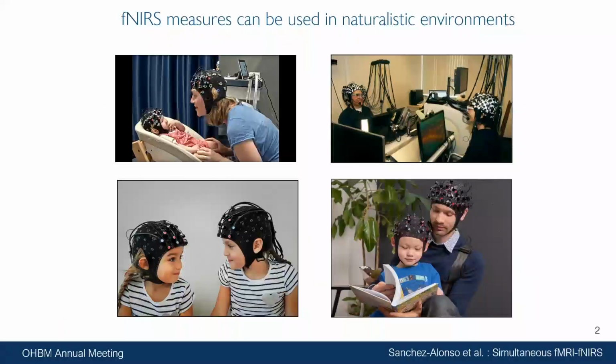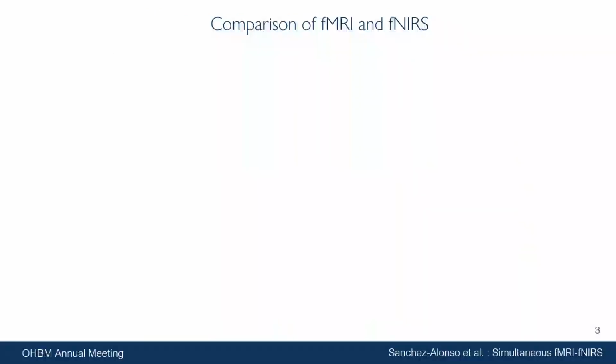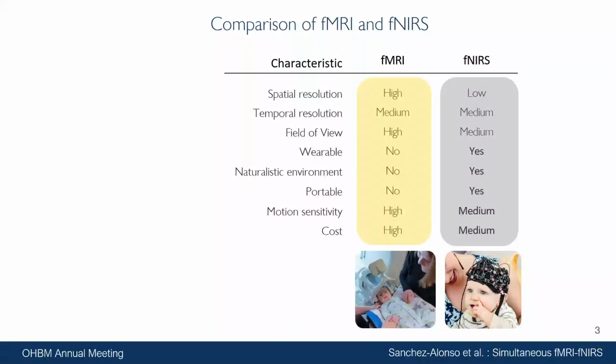NIRS, as many of you probably know, is particularly advantageous for studying development, especially early development, because it can be used in naturalistic environments. There is no noise. It's a portable methodology. I'm just going to mention a few other key properties of NIRS in comparison to fMRI.